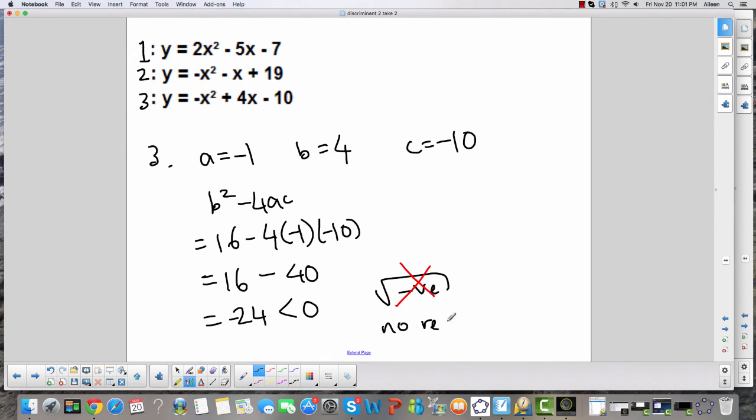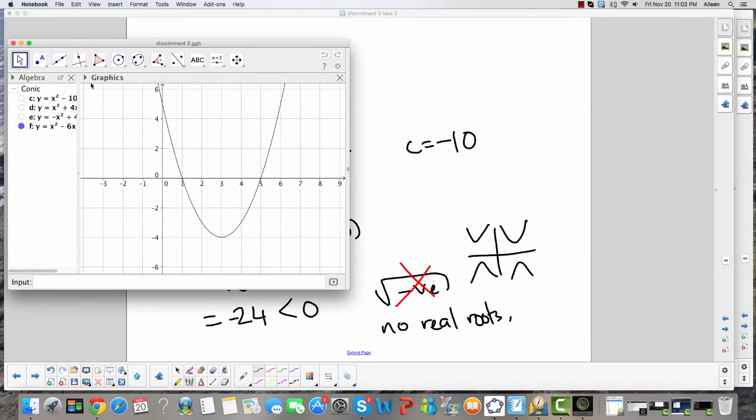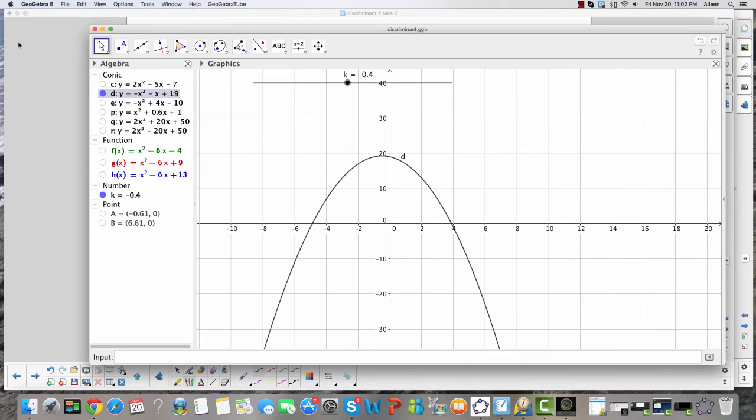In other words, a parabola that looks something like this, or like this, or like this, or like this. Let's have a look. It has a negative leading coefficient, so it's one of these two. Let's see. And here it is.